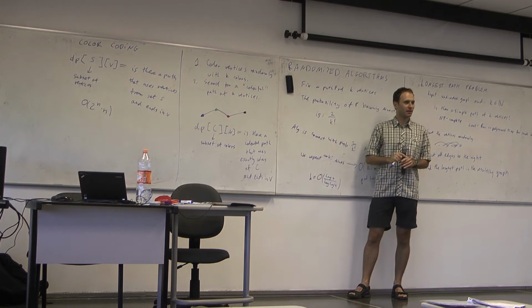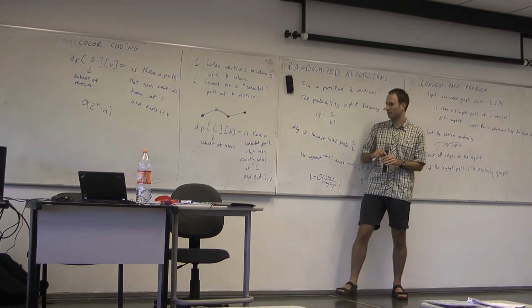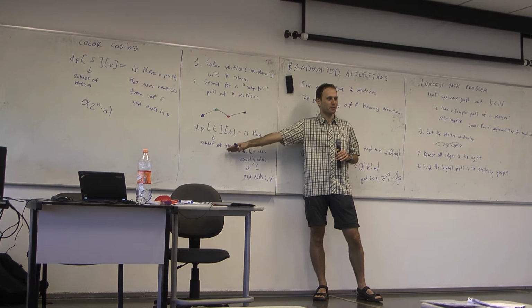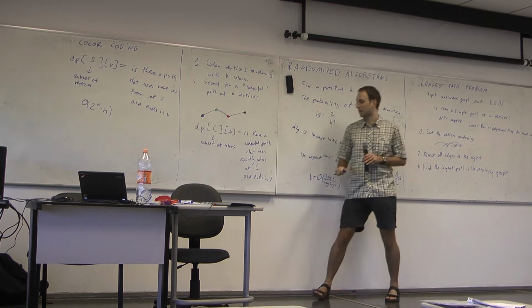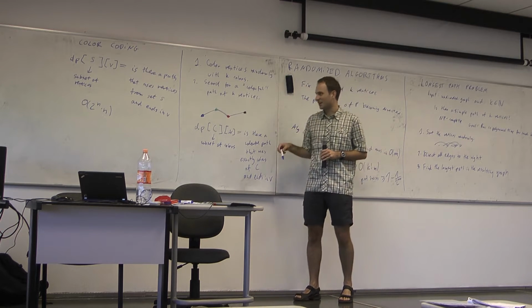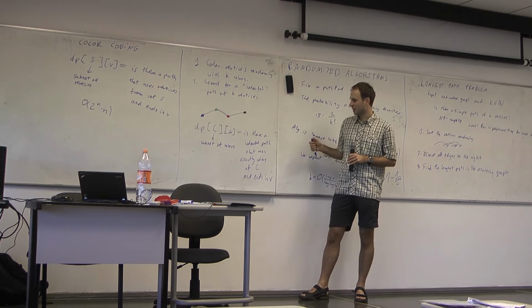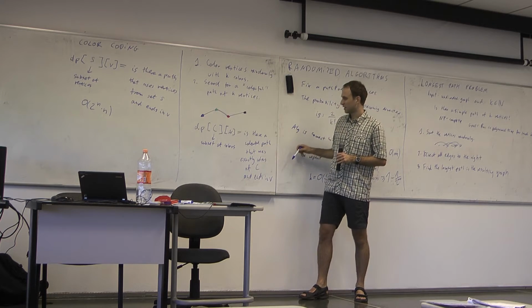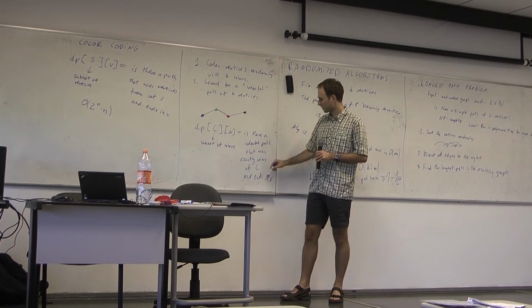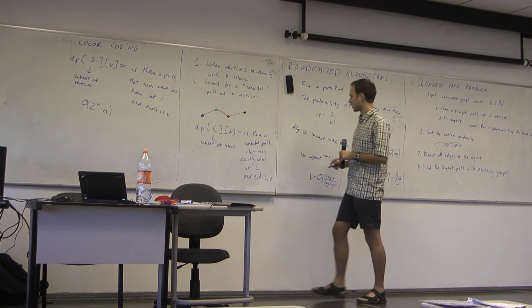Can you see how to proceed with this dynamic programming? So we can fill this array and find all colorful paths in our graph. I mean, we can find the longest colorful path in our graph.